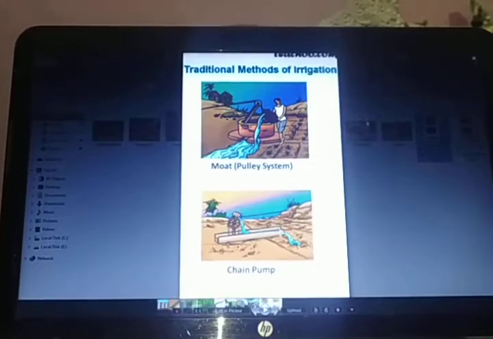Now this is the chain pump. This pump is here and the chain has been attached to it. It keeps on revolving, and the buckets attached on it fill the water from here and throw it here, and through this pipe the water will go to the field. This is the second traditional method.